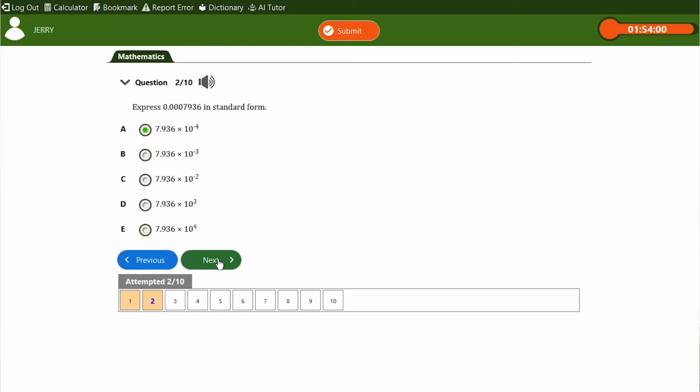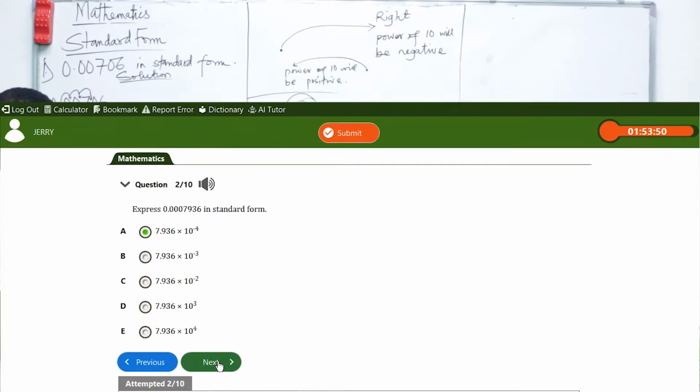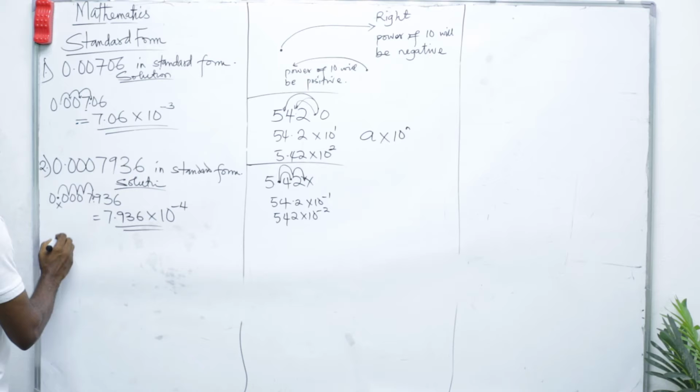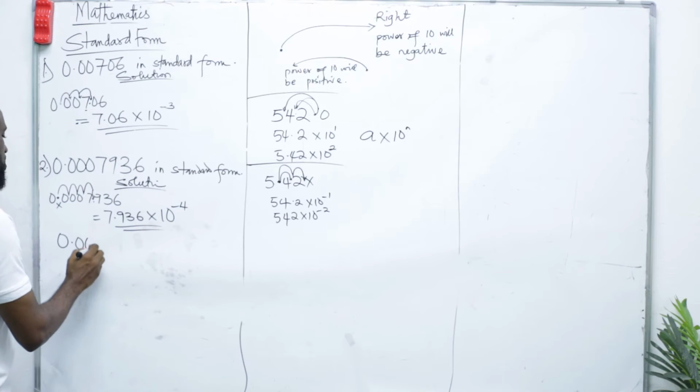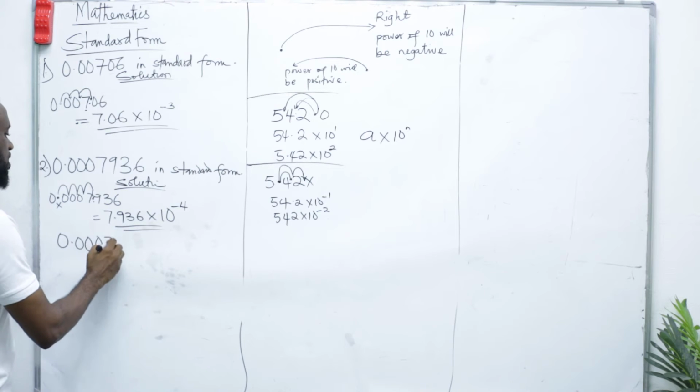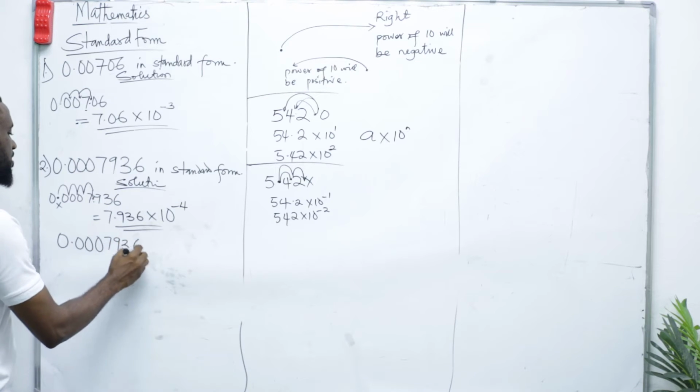Now, before we go to the next question, you can as well decide to. Why I had to stop here is because if you check the options, this is the option they have. You can decide to say 0.0007936.